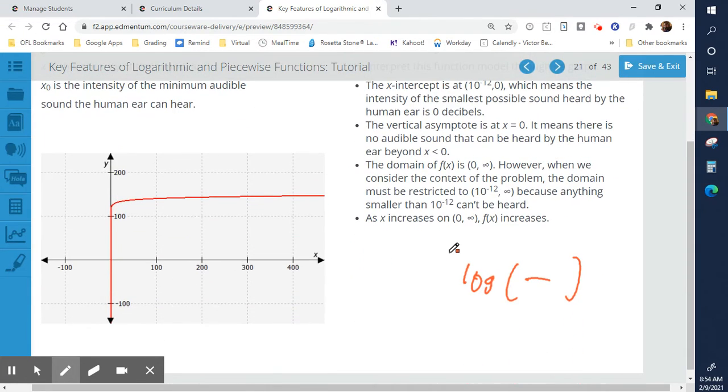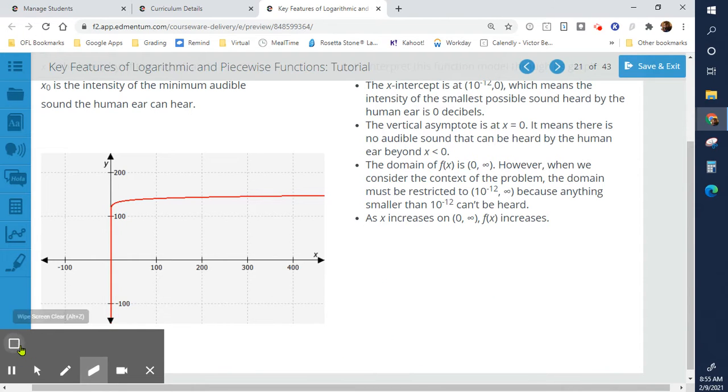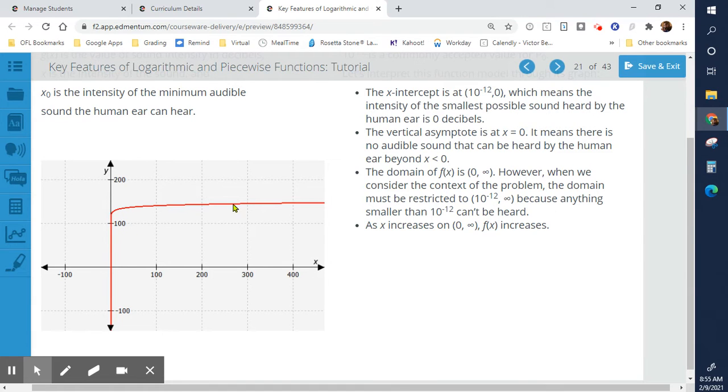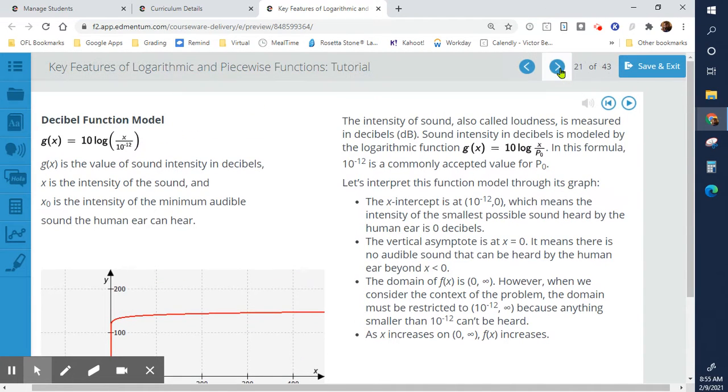Variable, negative 10 to the 12th, and whatever we're talking about here. And because we would get a 1 from here, we would eventually multiply that 1 by 10. So what ends up happening is our x is 10 and our intercept is 0 because that's where the intercept is. So it still has the same properties as being multiplied by 10. And as you can see here, there's very little change over all these decibels that we talk about.